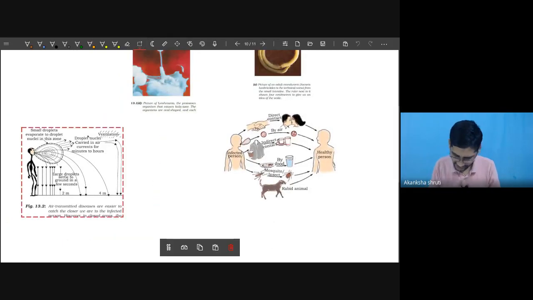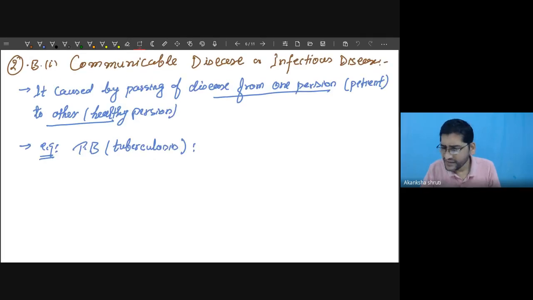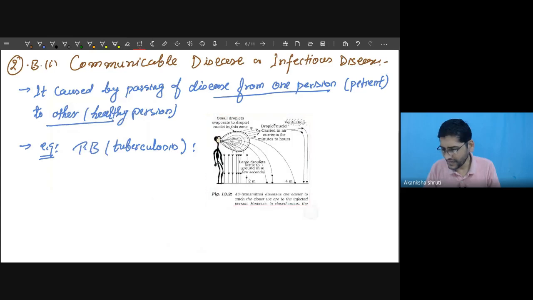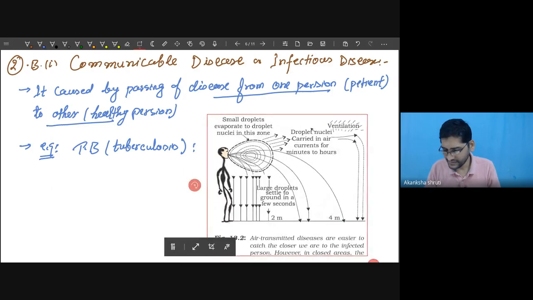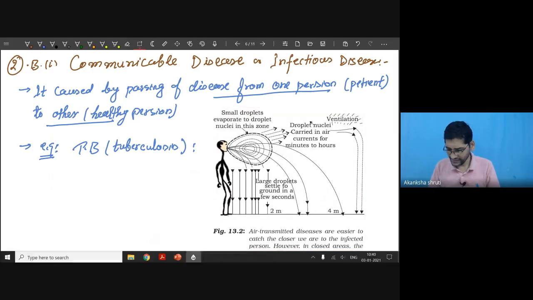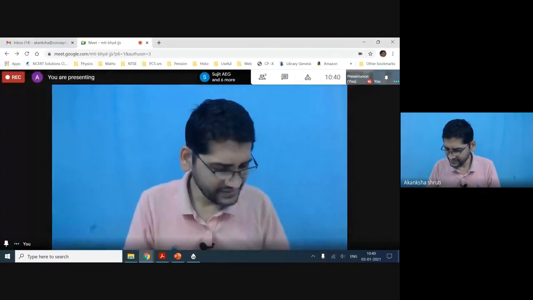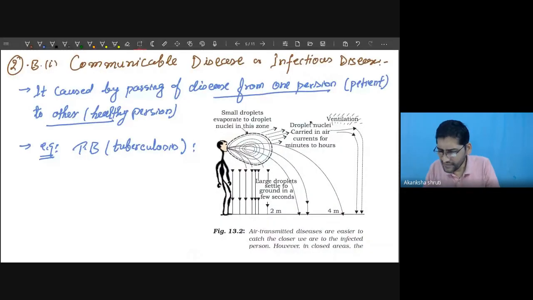So let us take this. Here the person having TB, while he is coughing, will release certain small vapors or droplets. These small droplets coming from the mouth will spread nearly 2 to 4 meters.